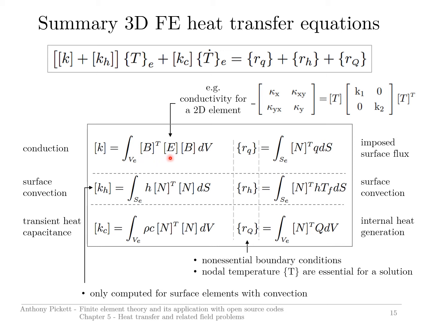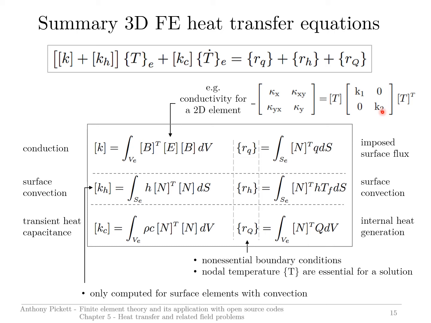The E matrix now contains material properties of conductivity. So if the element was to lie in the XY frame, we would have a diagonal conductivity matrix with a value here and a value here. If it's isotropic, they will be the same. If it's orthotropic, they will be different.